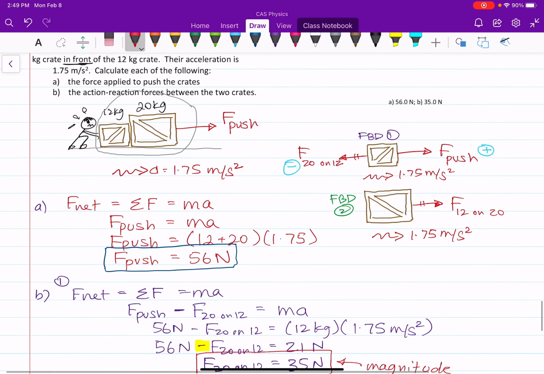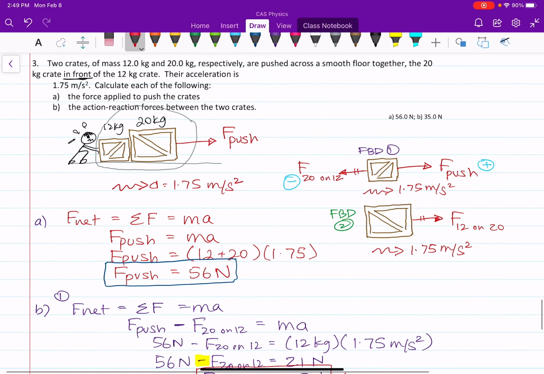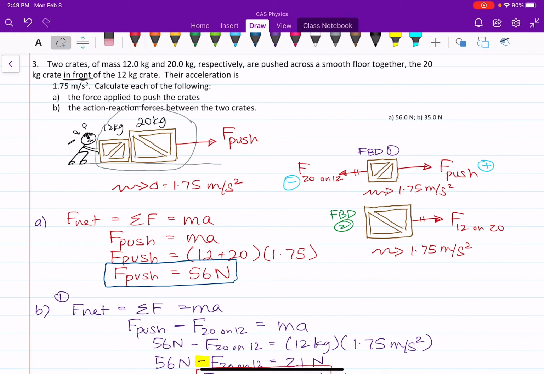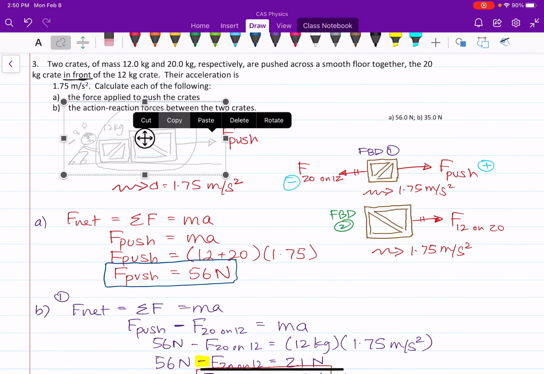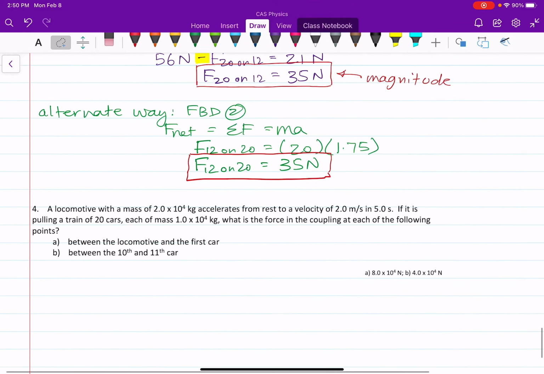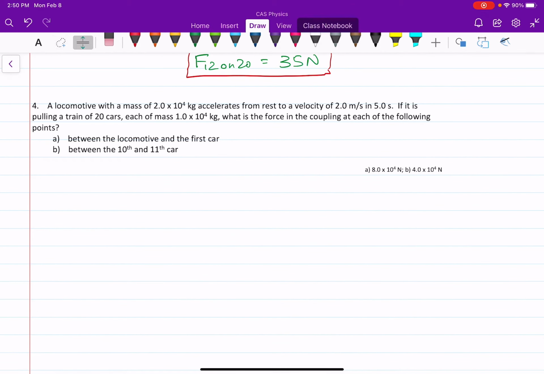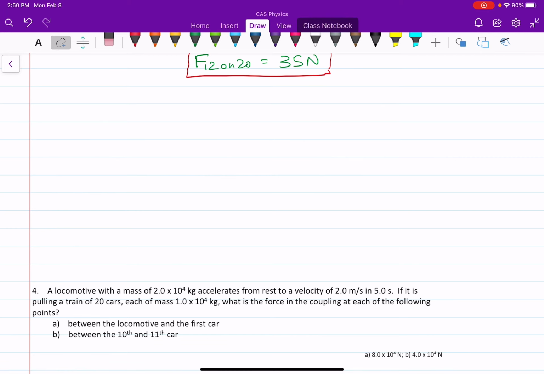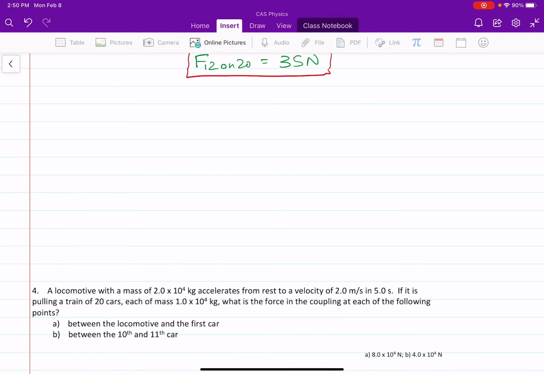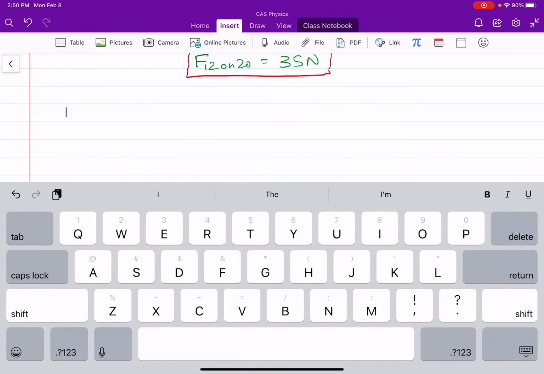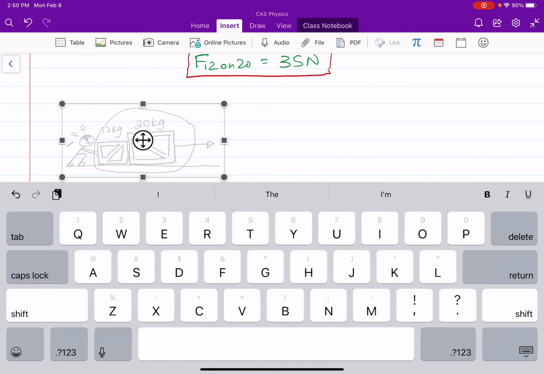Now in class, we talked about what would have happened if you changed the direction that you made this force. For example, if I take this whole diagram, copy it over, and let's just play around with it a little bit. The question is basically the same, but I want to know what would happen if I switch the direction of the boxes.